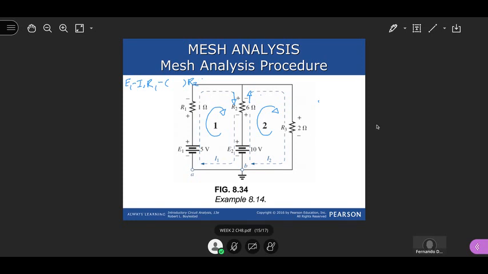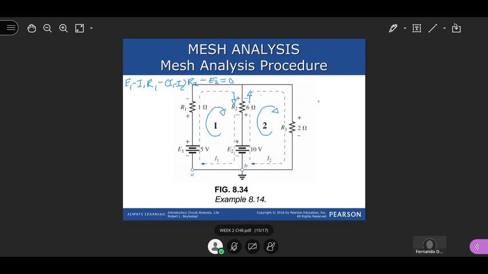That means the one that's positive to me will be I1, because I1 is my reference in this case. So it's going to be I1 minus I2. Now minus E2 equal to 0. Why minus E2? Because I'm going from positive to negative. That's why it's minus.